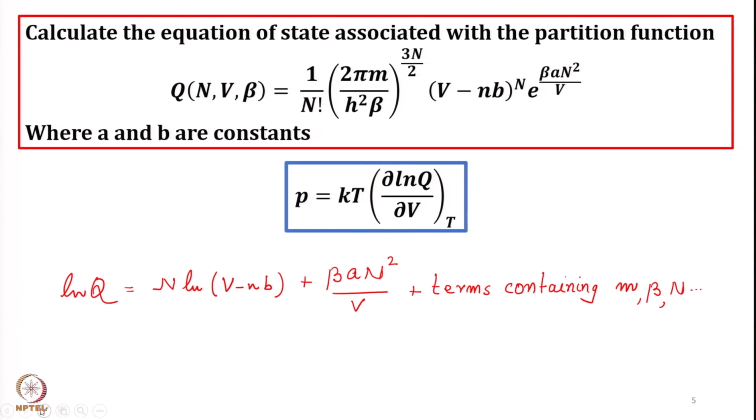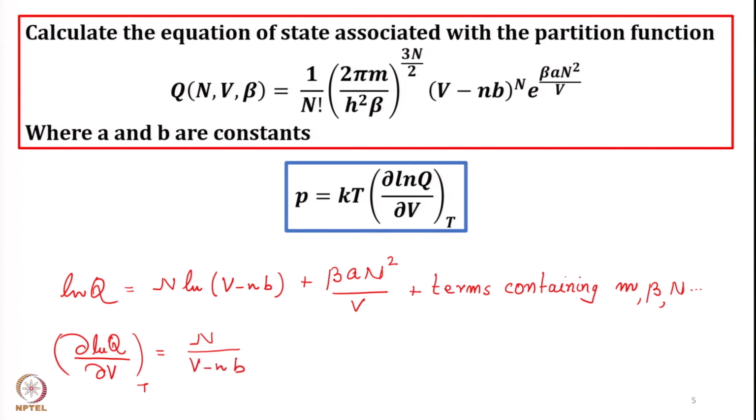So let us now take derivative of log Q with respect to volume at constant temperature, because this is what I need over here. Del log Q with respect to volume at constant temperature is going to be N over V minus Nb. This is for the first term.